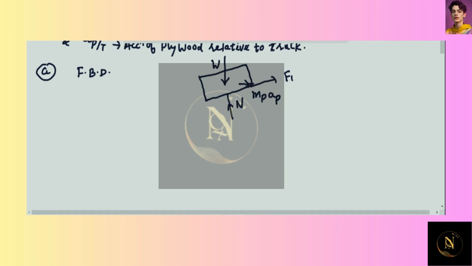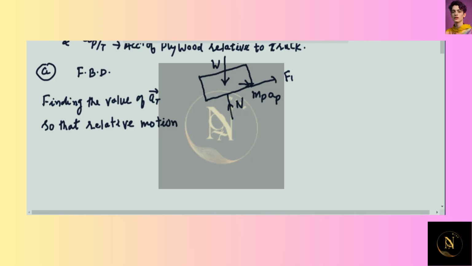First case, finding the value of acceleration of truck so that relative motion of plywood with respect to truck is impending.